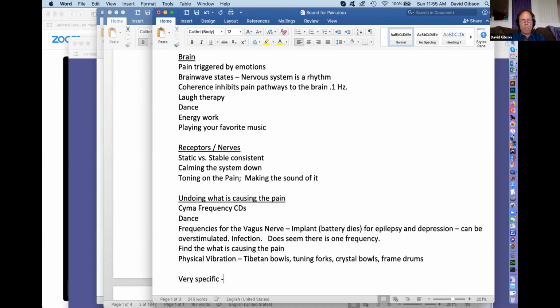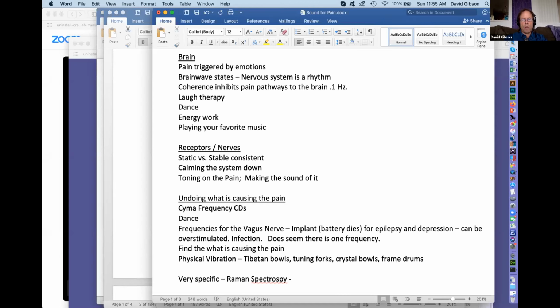And that is the Raman spectroscopy that John Stuart Reid is using, which could actually help us find those actual frequencies of that cell that is causing the pain.